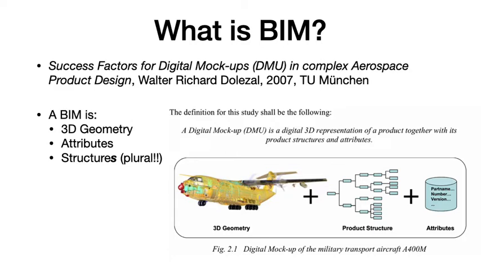And for me, the most important thing about this definition is that the structure, the way to organize the data, is plural. There's not just one, and we'll get into that later.